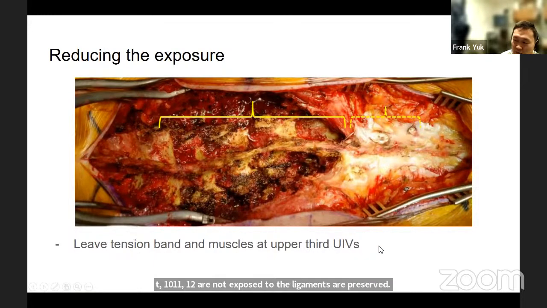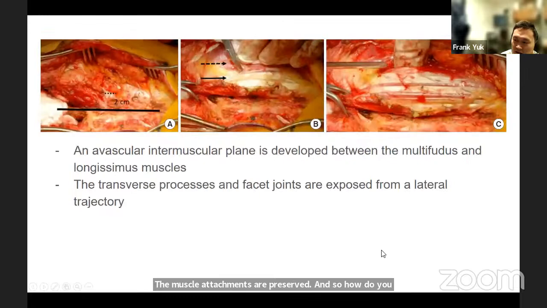So how do you actually end up instrumenting these levels then? We take a page out of Wiltse's approach, where avascular intermuscular planes develop between the multifidus and the longissimus muscles, which is considered Wiltse's approach in the lumbar spine. The transverse processes and facet joints are exposed from a lateral trajectory.